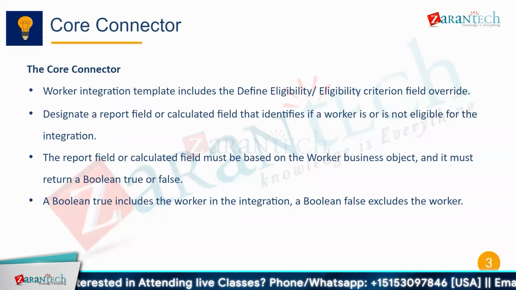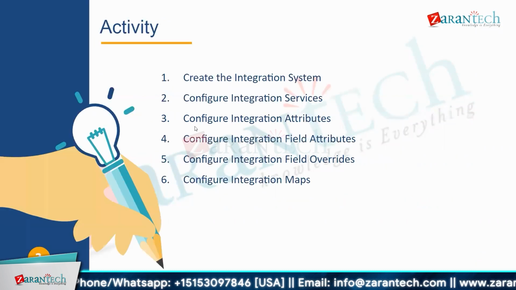So if it's a yes or no condition, then only the true values coming into that report or data source would be part of the eligibility criteria for this integration. We've already gone through the majority of these activities. We have viewed an integration system, the integration services, the integration attributes, the field overrides, and also the maps.